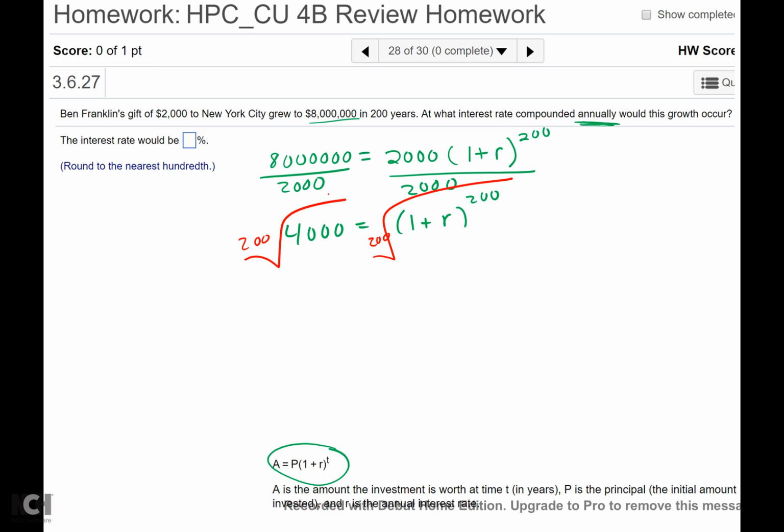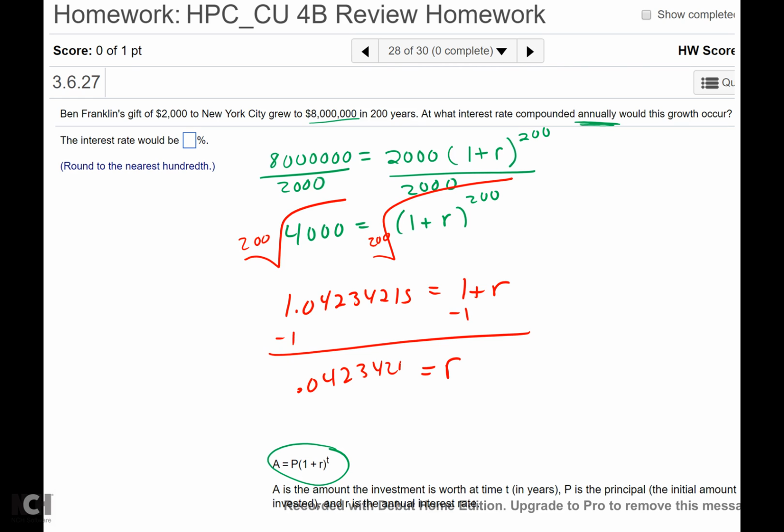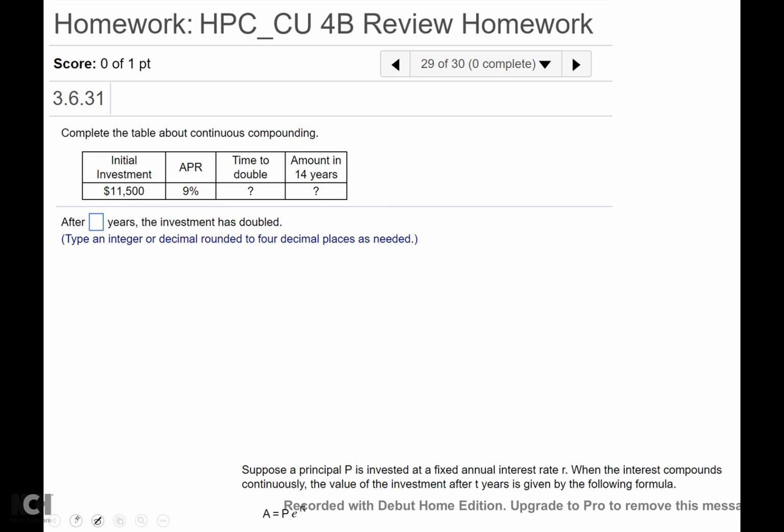So I have 200 math 5, 4,000, and I get 1.04234215 equals 1 plus r. Minus 1, r is 0.04234215. Move it twice, and my rate is going to be 4.2%. Actually 4.23% because it said round to the nearest hundredth.